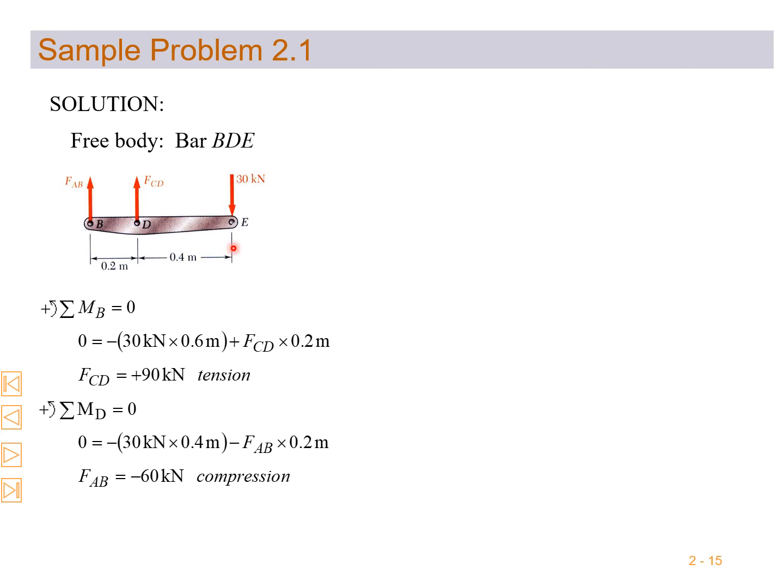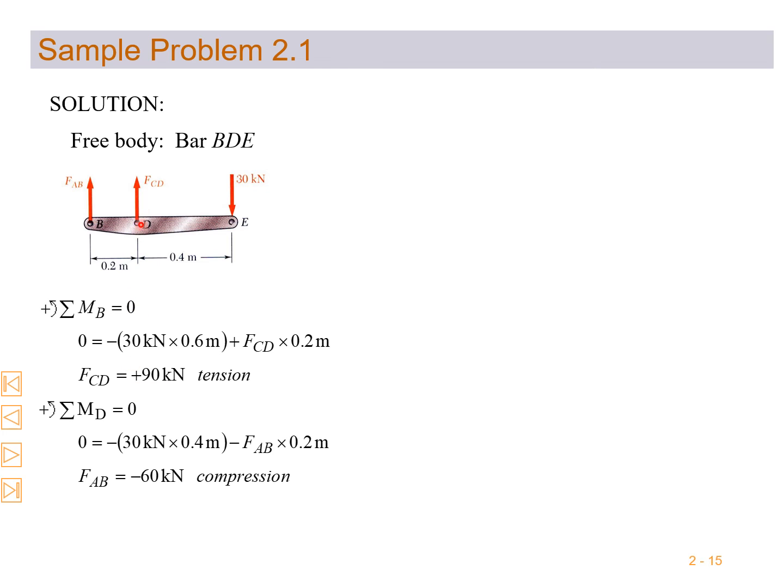So the free body diagram of bar BDE has FAB, FCD and 30. Summation of moments about B: FCD into 0.2, 30 into 0.6. This is the clockwise moment, this is the anti-clockwise moment. So we will get FCD, this force, as 90 kilonewton tension.